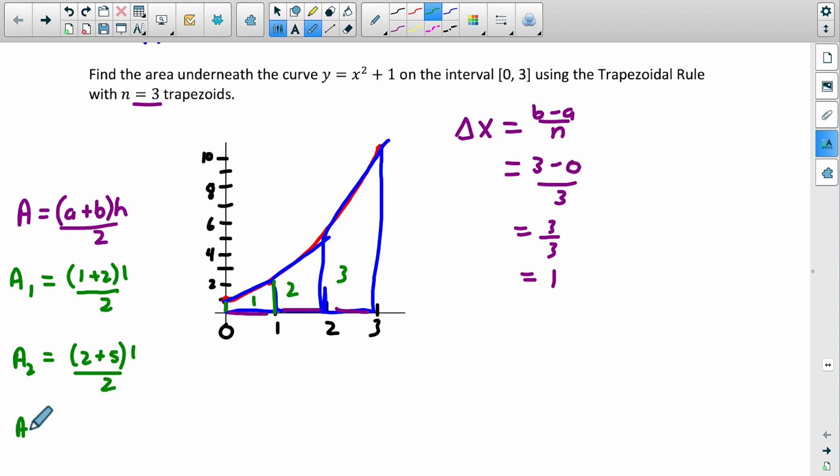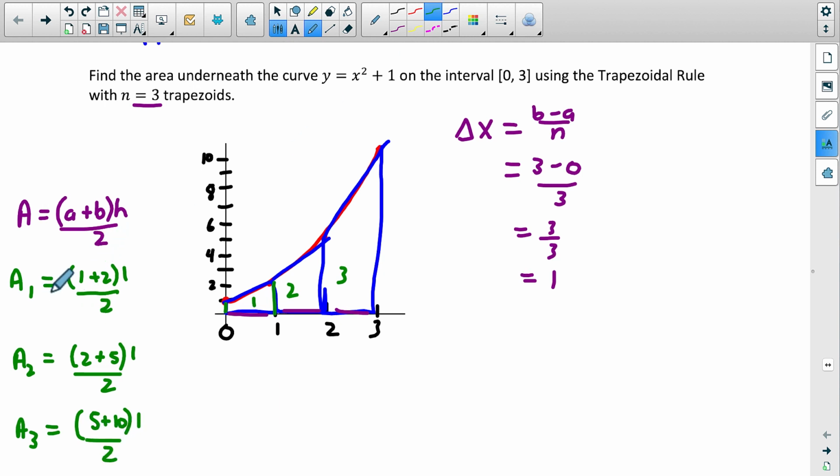And for A3, we add together the parallel sides, which are 5, and this one goes all the way up to 10, so 5 plus 10, multiply by the width, which is 1 again, and divide by 2. So if we want to get the total area, we would take this amount, add it to this amount, and then add that to this amount, right? We would be adding together all of this to get our final answer.